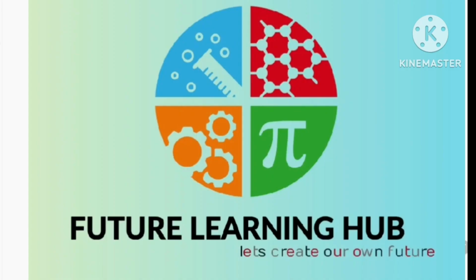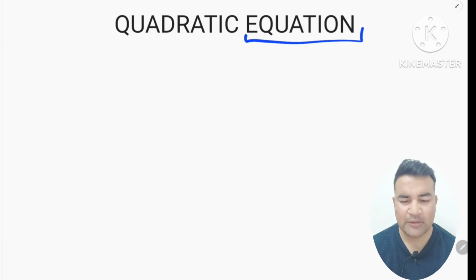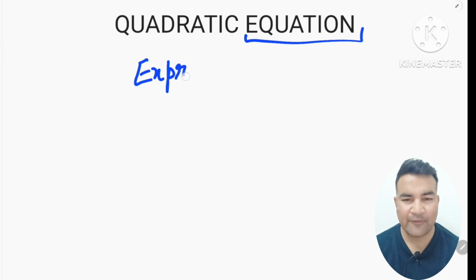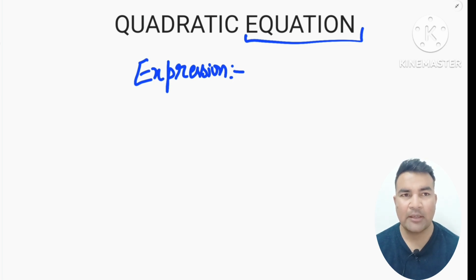Now firstly, let's understand what is an equation. So before equation, I would like to talk about a term called expression. Expression is basically when we express any situation in a variable form. Let's suppose there is a number, x.